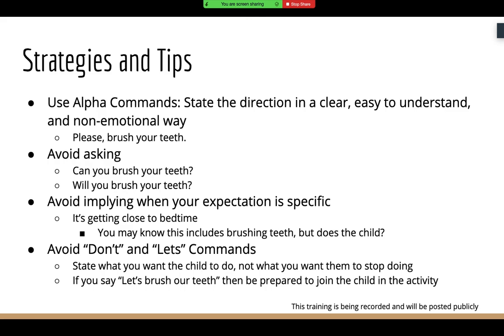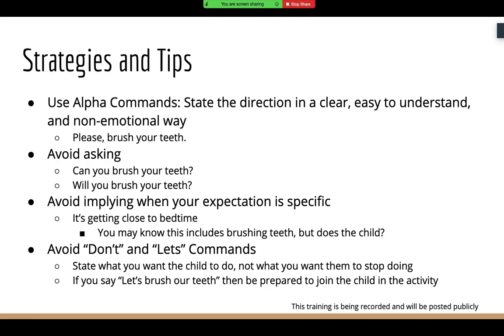So: don't hit your brother, don't dump your toys out, don't run into the road. Those are all things that you want to say to your kids. And in the moment, I'm not saying that you should never say those phrases. If a child's running into the road, I really strongly feel it is okay for you to go over and say, no, do not run into the road, but then follow that up with what you're expecting them to do.